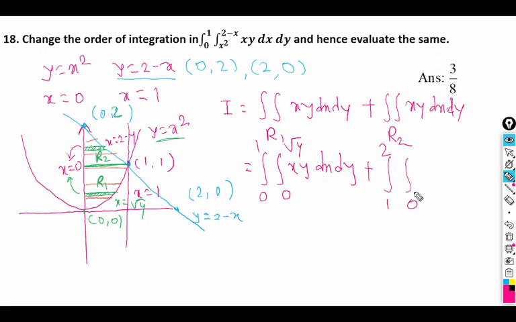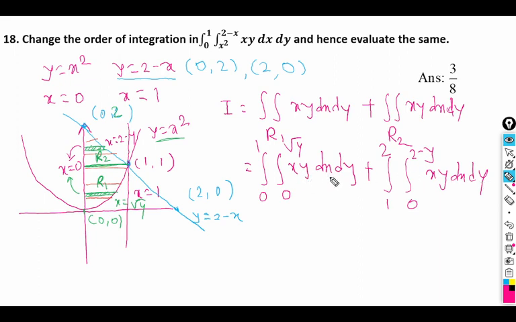So it is 0 to 2 minus y of xy dx dy. This is the main task. The remaining calculation is really simple, because you just have to do the algebraic integration.